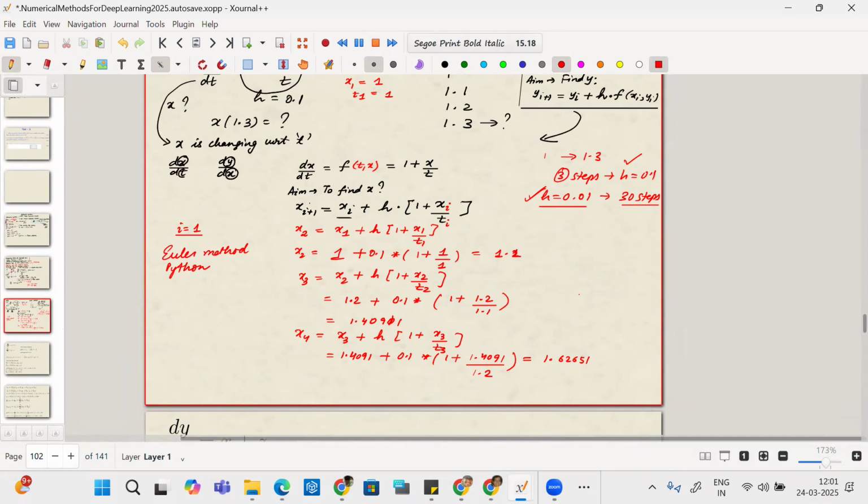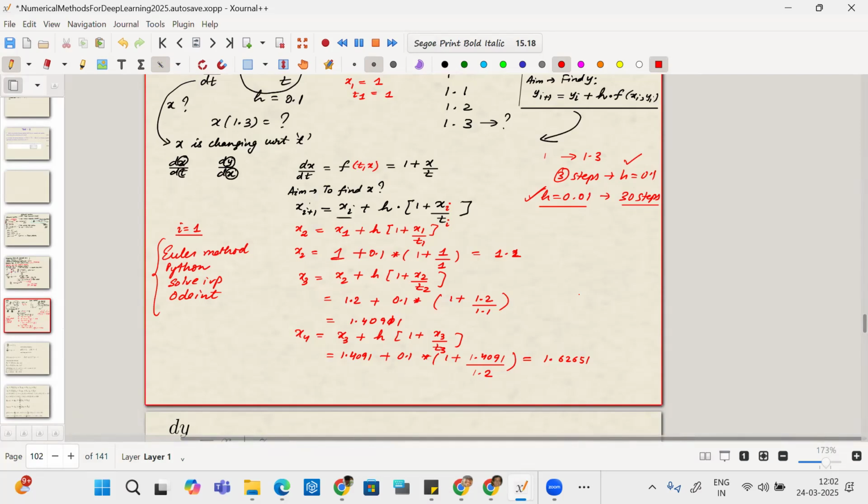Then what packages in Python did we learn? solve_ivp, ODE, and anything else? Yes, you can directly code it using a for loop.